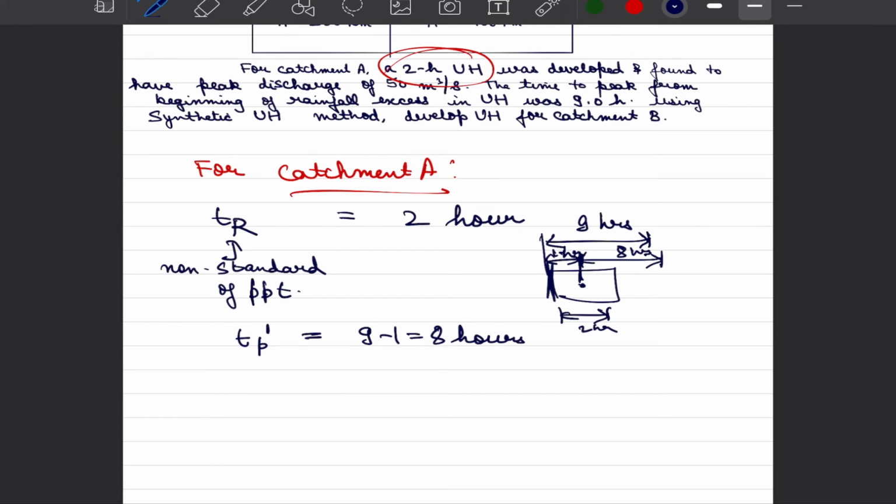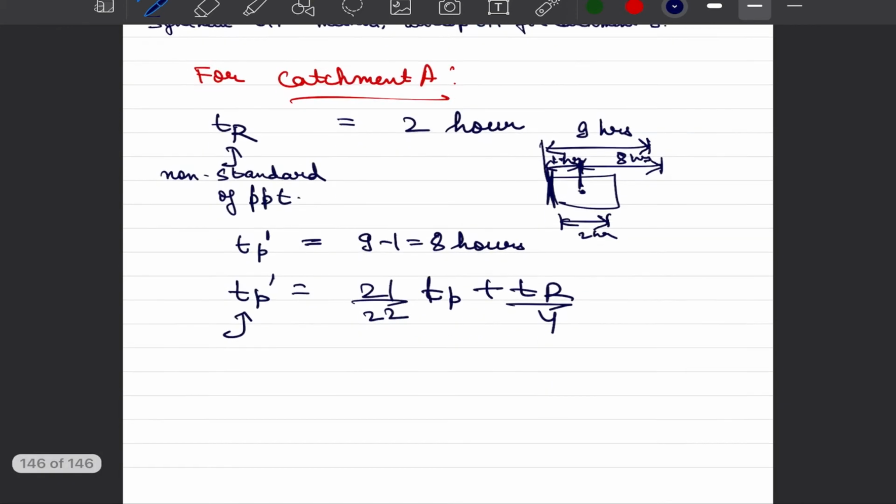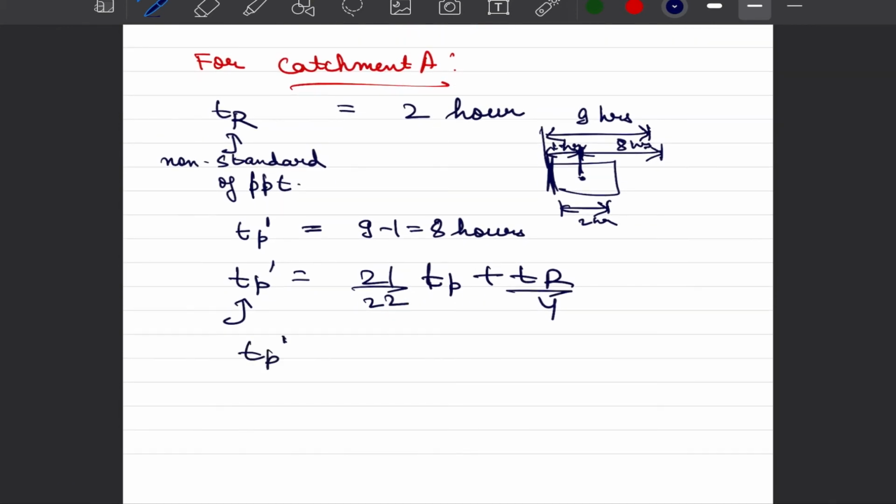Now, if TP dash is known, we can calculate the standard duration of effective rainfall for which Snyder's unit hydrograph theory would apply. We learned empirically that TP dash is 21 by 22 TP plus capital TR by 4. So TP dash is known to us as 8.